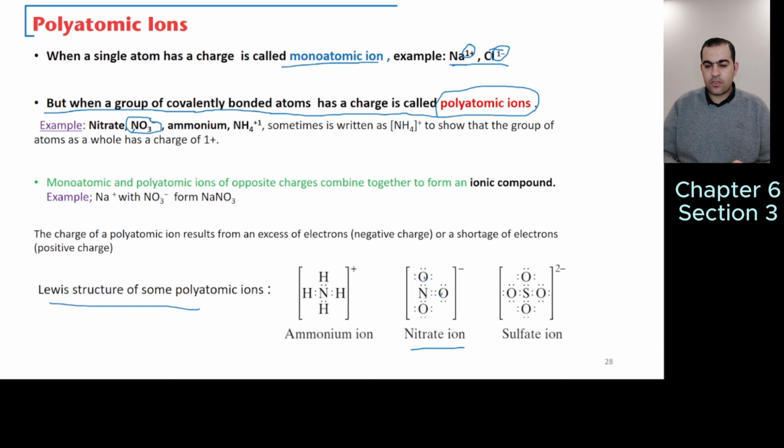Three oxygens have bonded with nitrogen. Now, one electron has been gained.